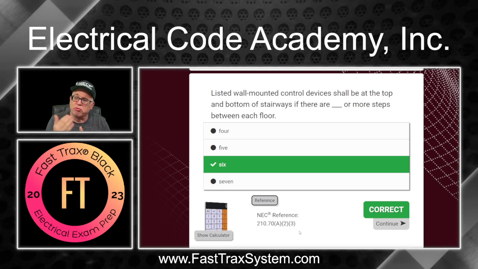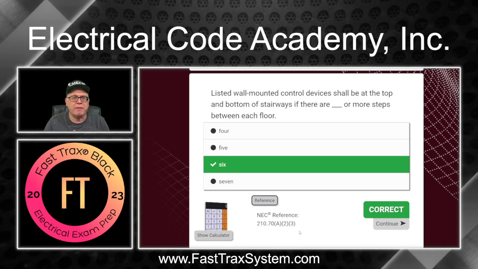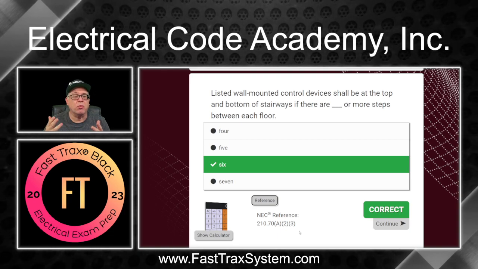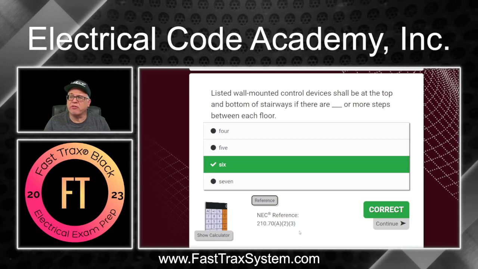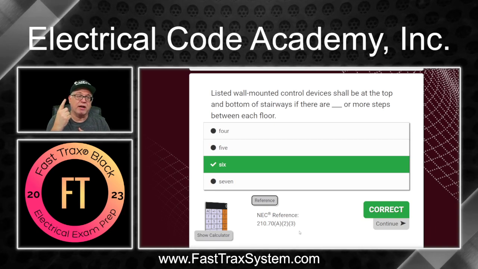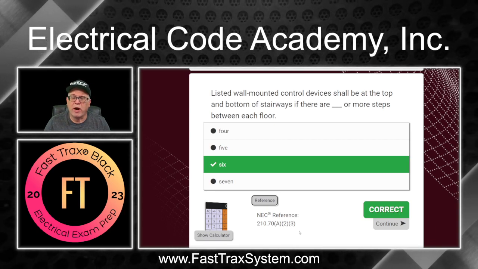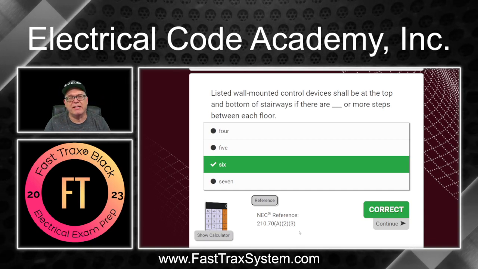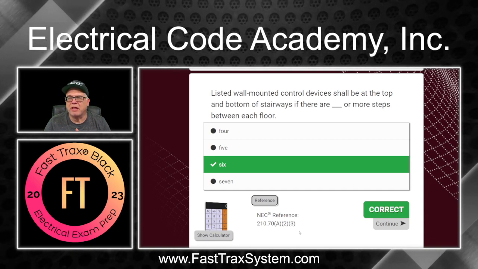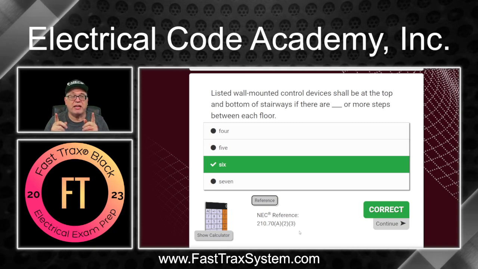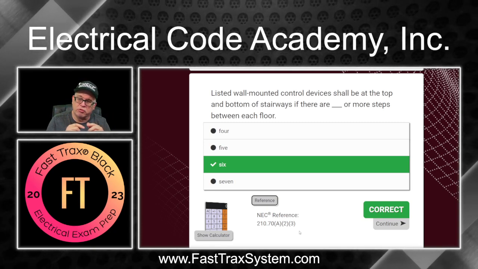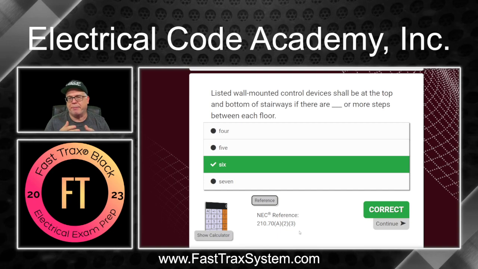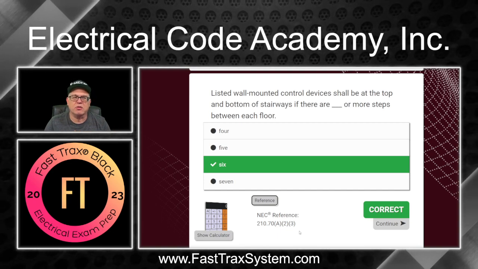So in this case, you learned that this was talking about the lighting in a stairway, and it's talking about the switching of that required lighting and where you would put these switches or these listed wall-mounted control devices. The reason that this changed, folks, from switches to listed wall-mounted control devices, is because there's other options today other than simple toggle switches.